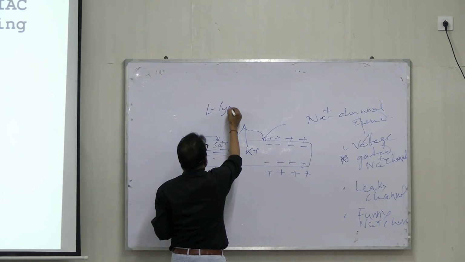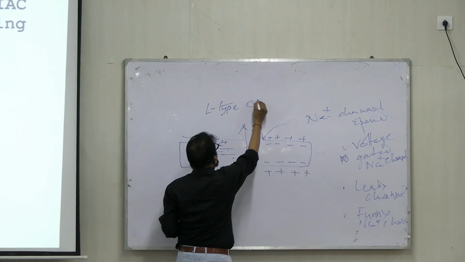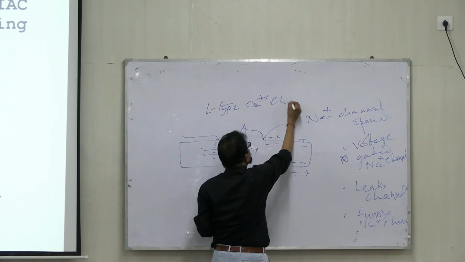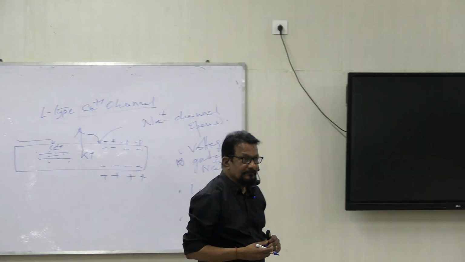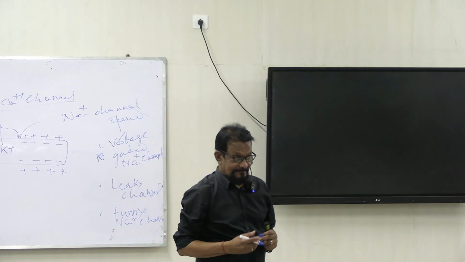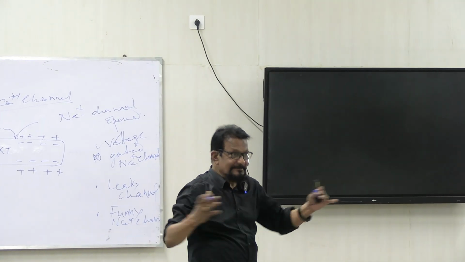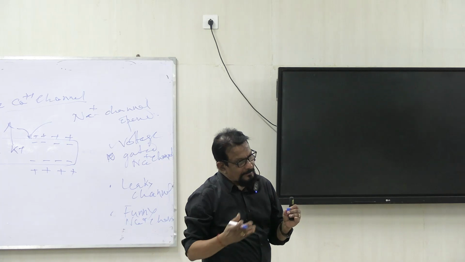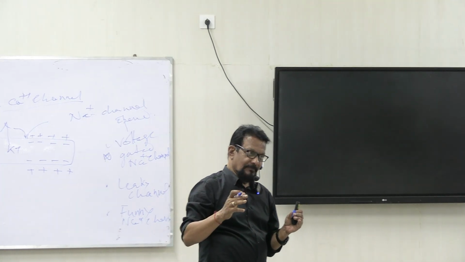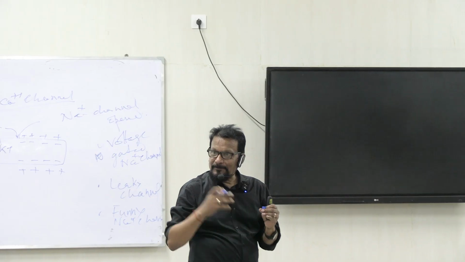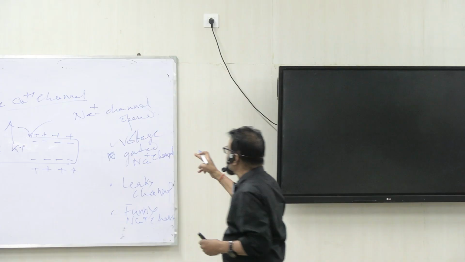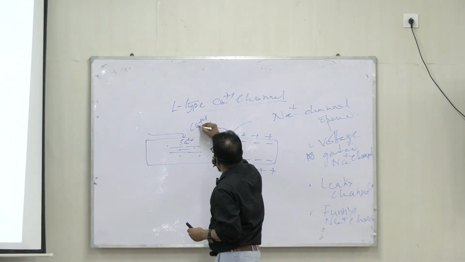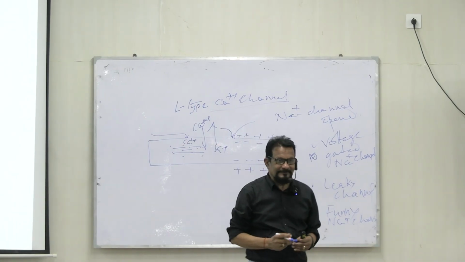L-type calcium channel. L stands for lethargy. Lethargic channel. It opens slowly, closes slowly. So as a result, opening of this L-type calcium channel will cause entry of calcium ion within the cells.